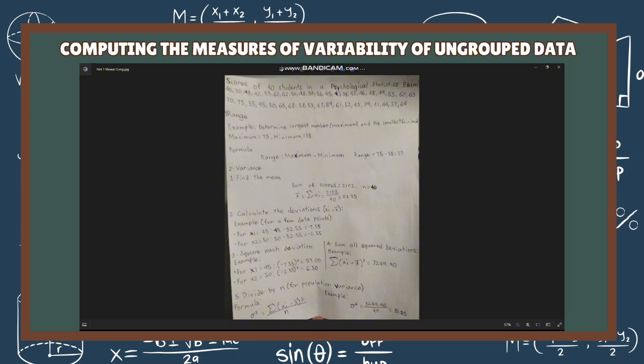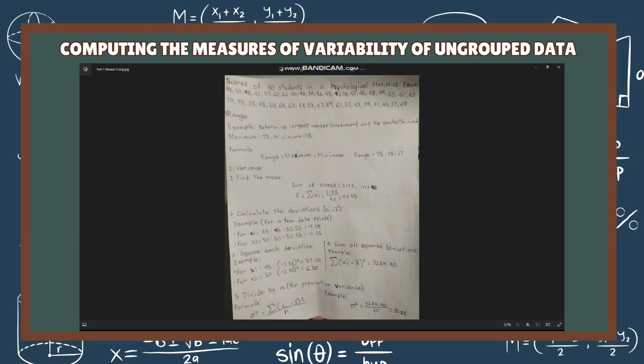For example, range equals 75 minus 38 then equals 37. Explanation: the range tells us the simplest measure of how much the data varies, but it only uses 2 points in the dataset.